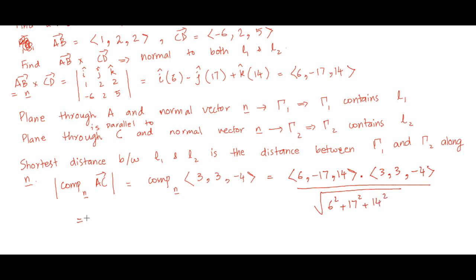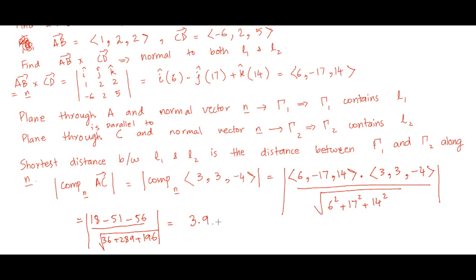So this equals 6 times 3 is 18, minus 17 times 3 is minus 51, and 14 times minus 4 is minus 56. Divided by the square root of 36 plus 289 plus 196. If we do that, we get our answer as around 3.9 units.